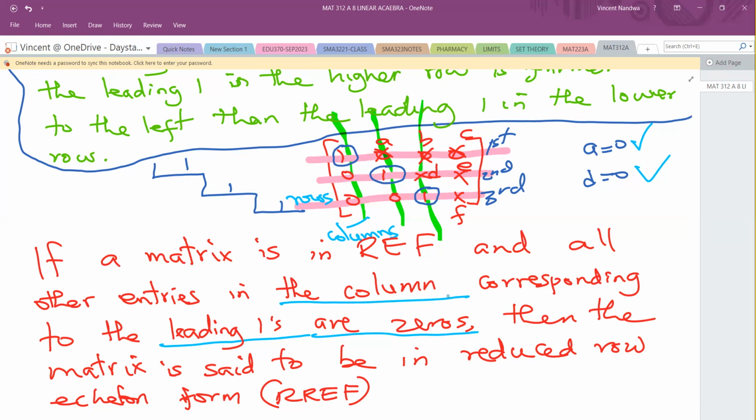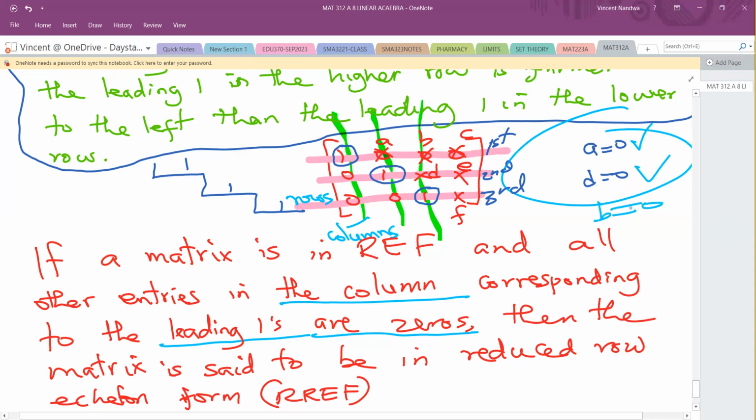Once you fix A to 0, okay? And then, is this a complete set? B should also be 0, okay?